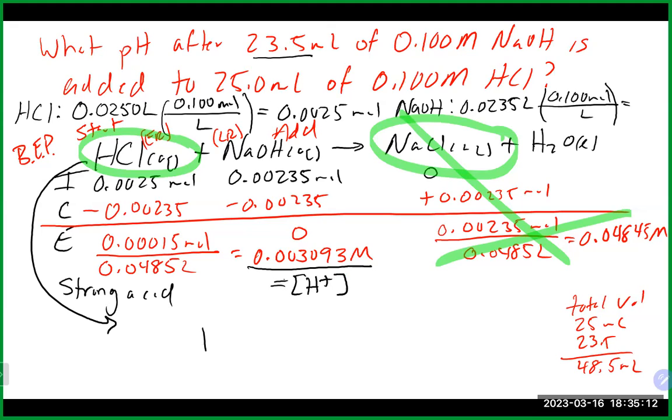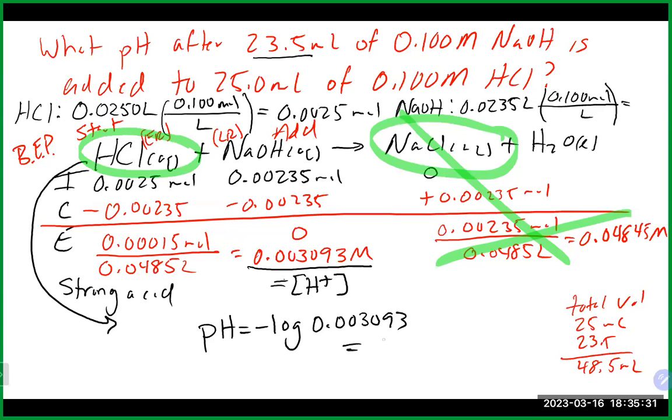And that is what we need to go into our pH, minus the log 0.003093. Going to get us minus the log 0.003093.